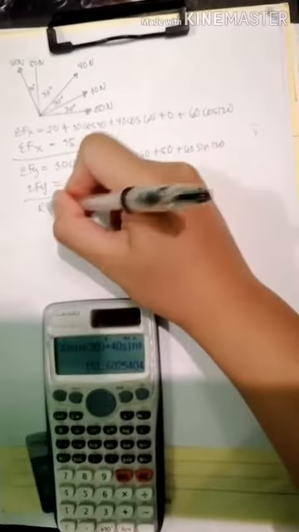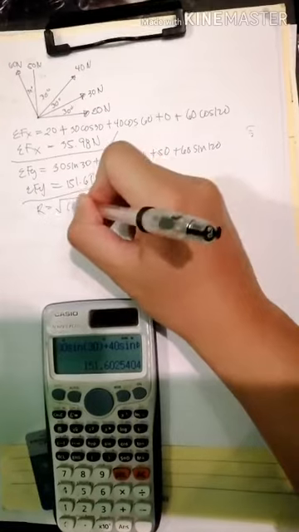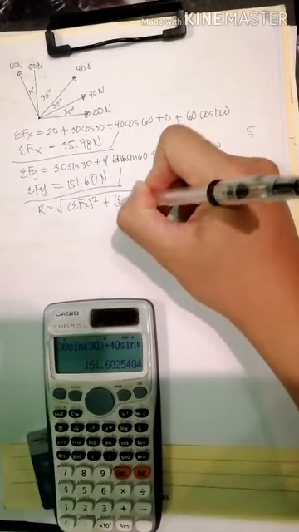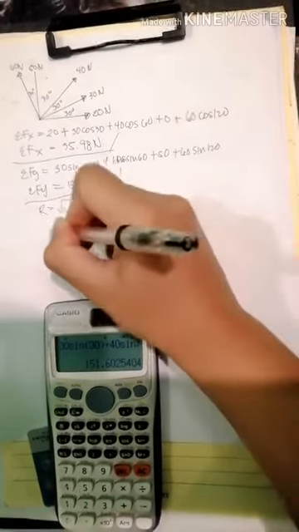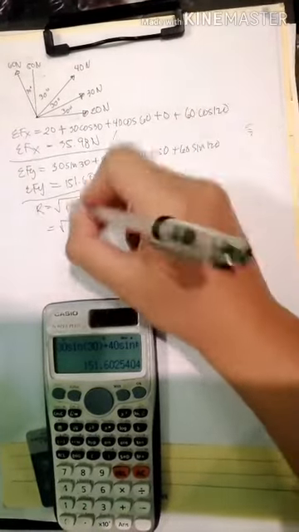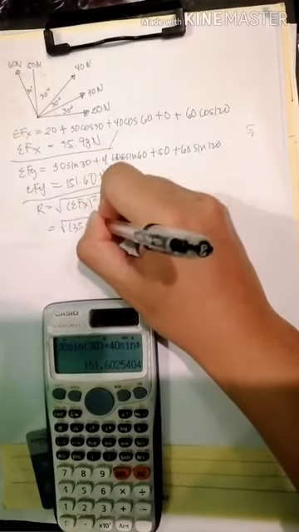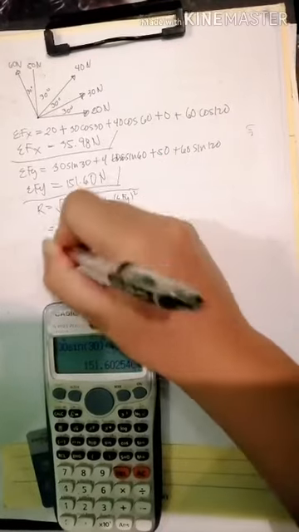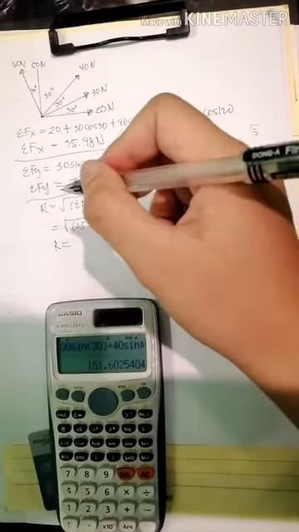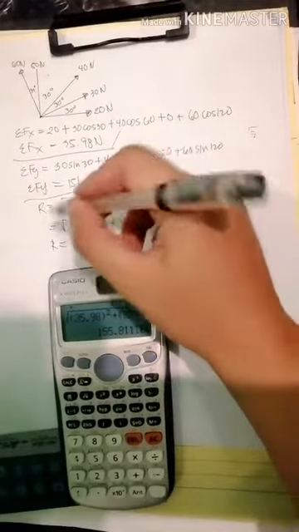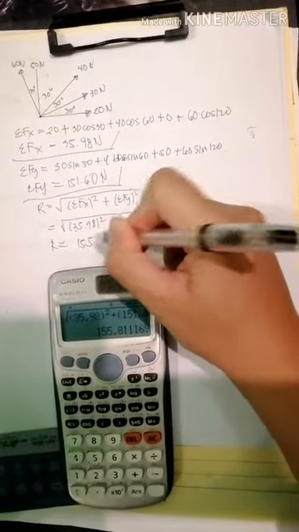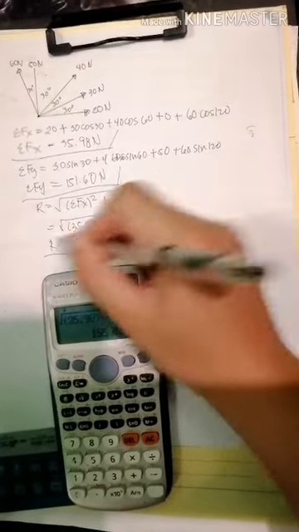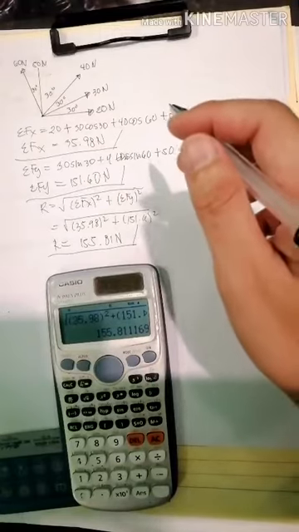So, resultant force equals to square root of summation of fx squared plus summation of fy squared. So, substitute lang natin yung makuha natin. 35.98 squared plus 151.6 squared. So, the resultant force, answer is 155.81 Newton. So, ayun yung resultant force.